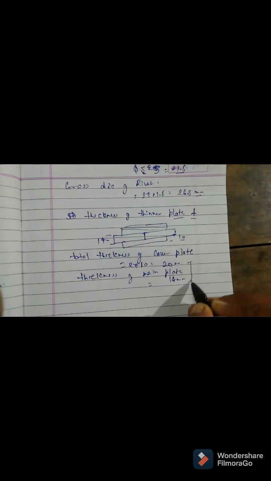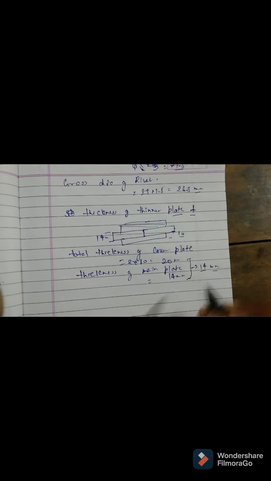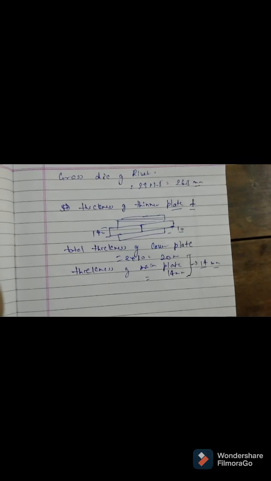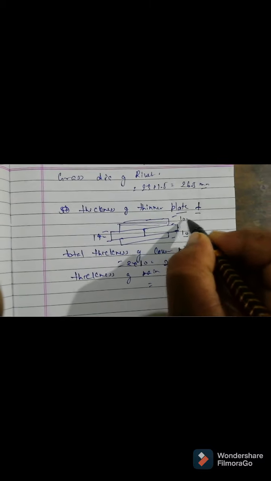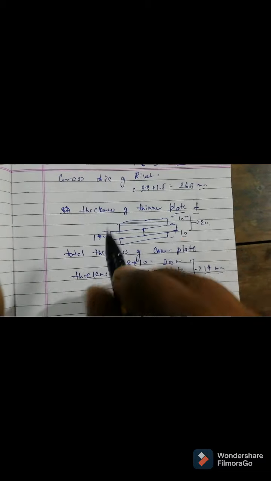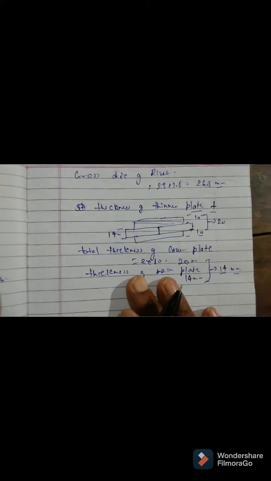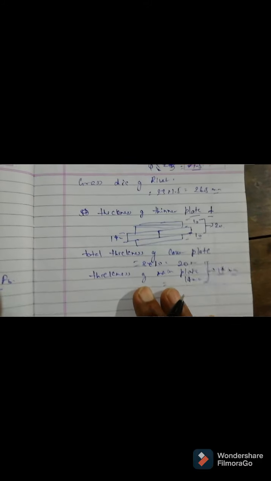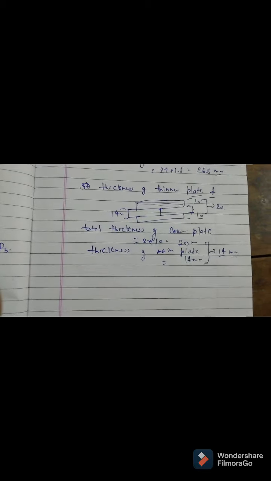So whichever is less, that is 14 mm, so you have to take 14 mm. See that this 10 and this 10, if you add, is equal to 20 mm, and the thickness of main plate is 14 mm. So now here we have T, and let's start the strength.